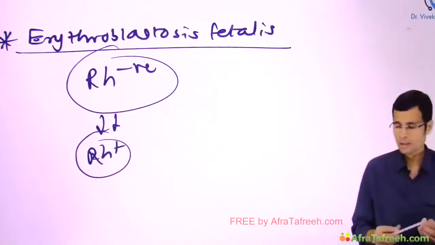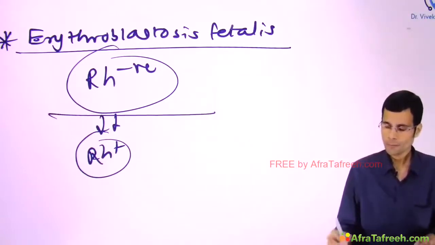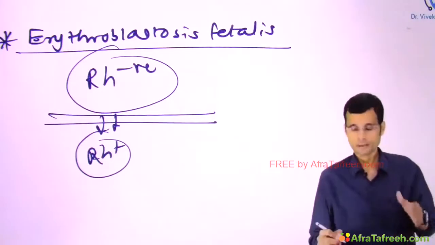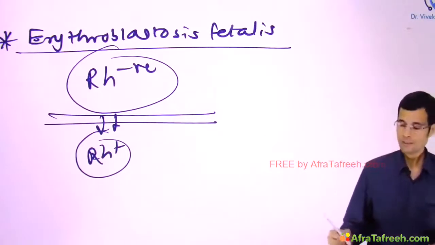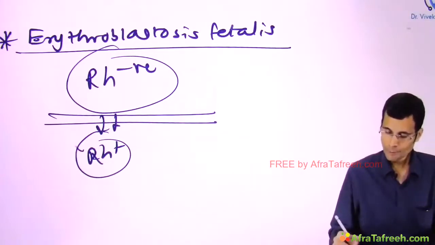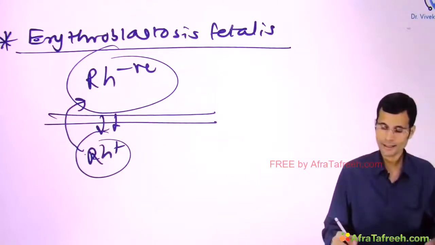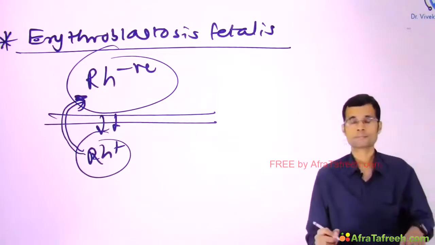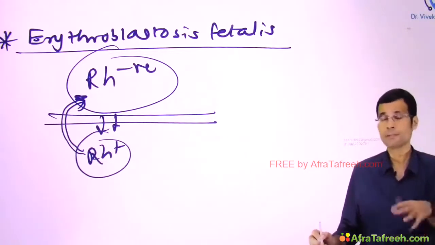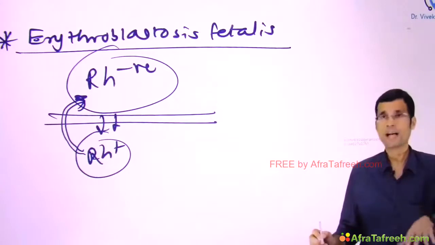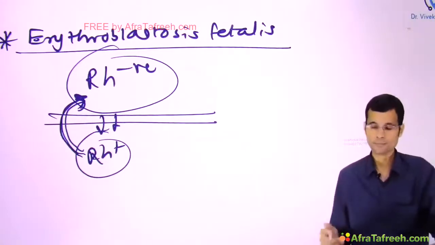Now during the pregnancy, there would not be much of an effect, but during parturition or during some obstetric manipulation, there would be a feto-maternal bleed, and some amount of fetal Rh antigen is likely to enter the mother's circulation. We have assumed here that the mother was never previously exposed to the Rh positive blood. Now she is getting exposed to it for the first time, the Rh antigen.